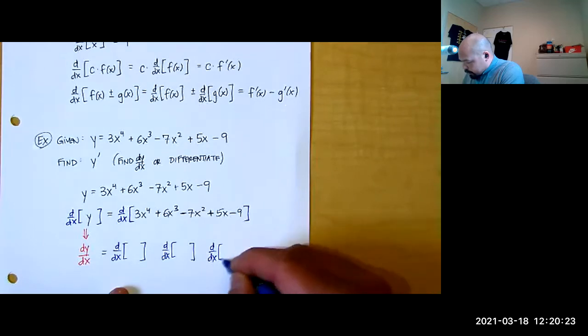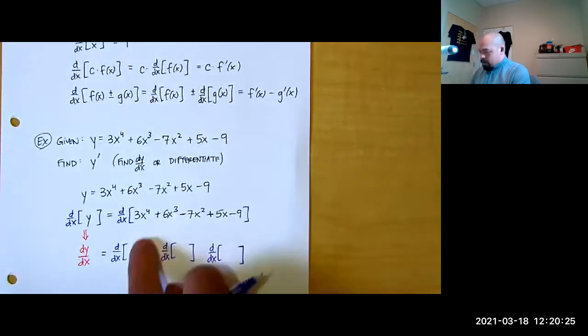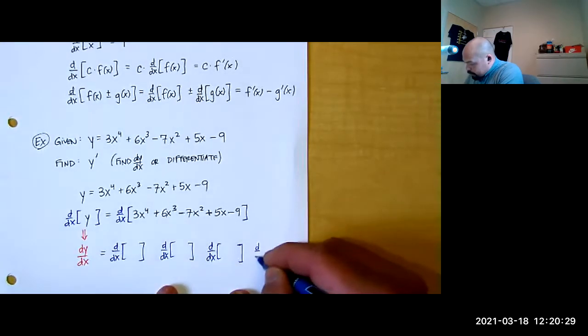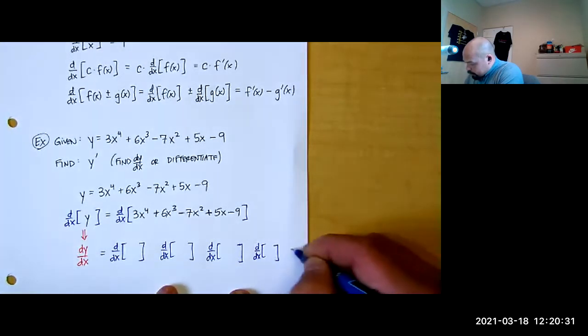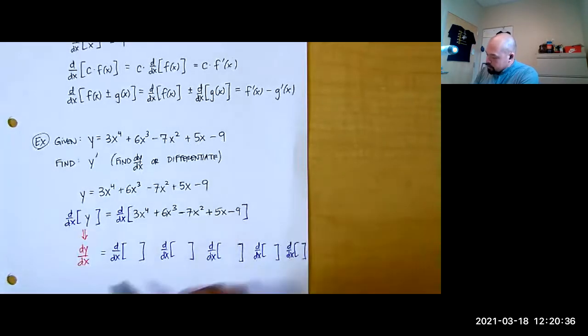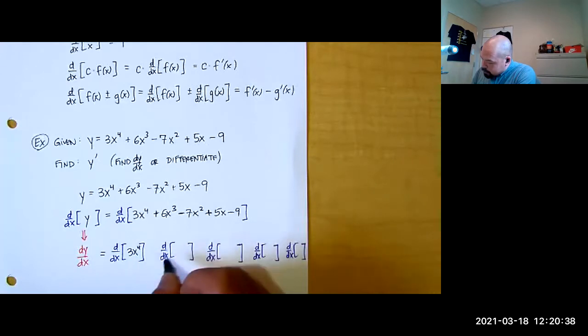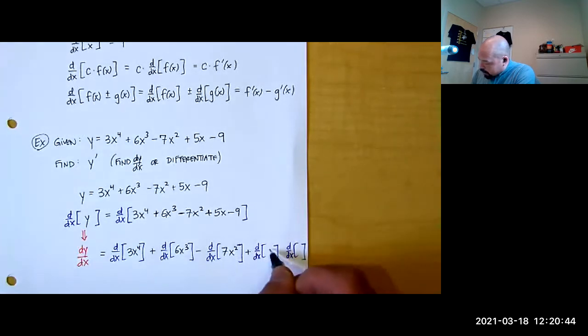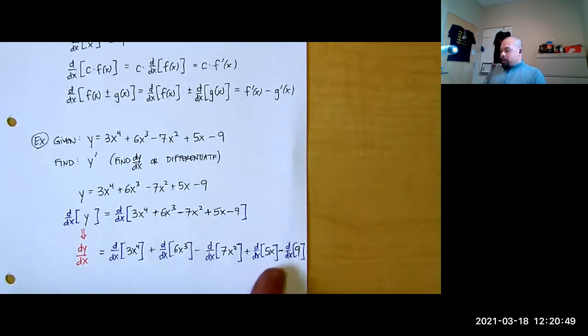I made this polynomial 5 terms, so I need to make sure I have these 5 derivative operators, keeping track of our signs, our positive, negative, adding, subtracting between each of those terms.